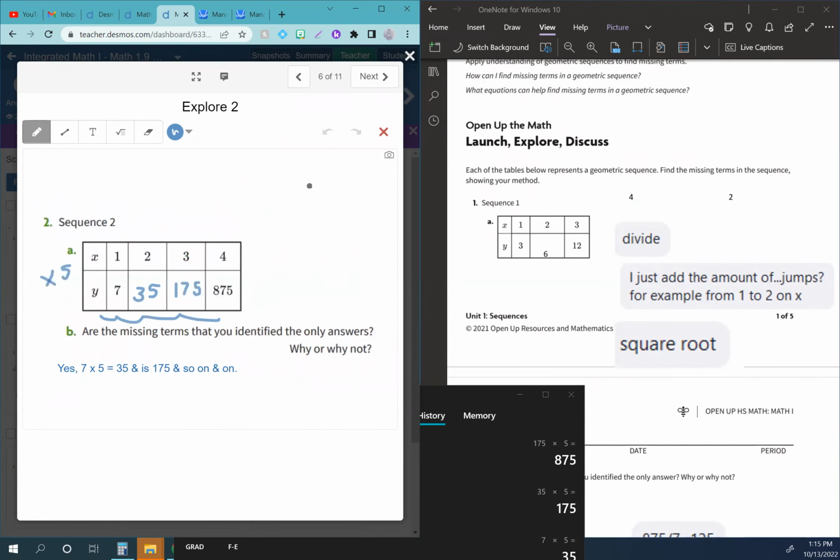For this one, I'm thinking about 125, right? Am I still thinking of what number squared? Am I only thinking about 2 jumps? How many jumps am I looking at for this one? How many jumps am I looking at for sequence 2? Count with me. 1, 2, 3.